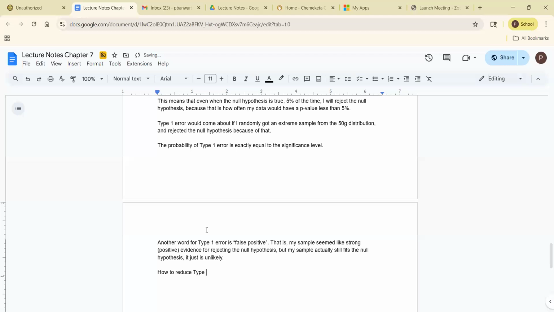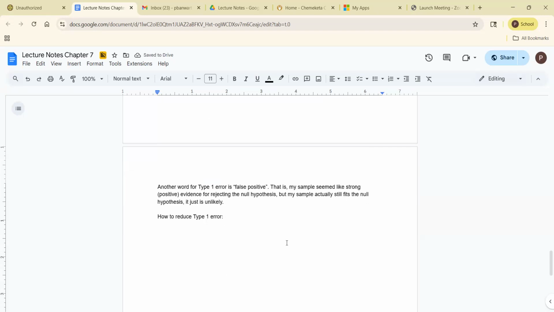How to reduce type 1 error? There's two ways, or generally three ways. The first way is the way we always improve our statistics: increase the sample size. This will make it less likely that your sample randomly appears not to fit the null hypothesis when it in fact does. The second way is to decrease the significance level.